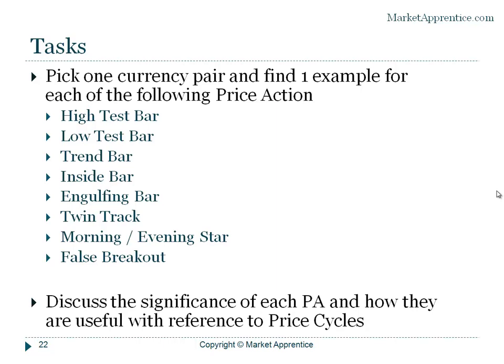Once you're done, discuss the significance of each price action and how they are useful when referenced to price cycle. If you want to, look at how they react to support and resistance at various levels. Try to understand what price does when you reach those support and resistance.